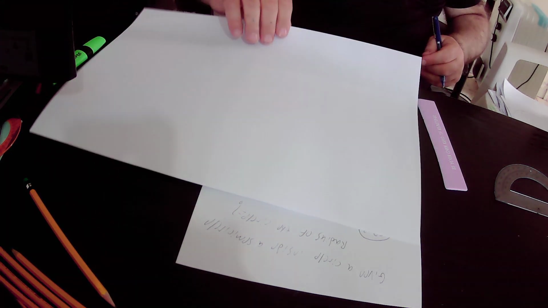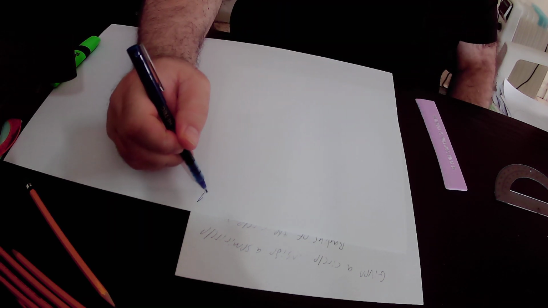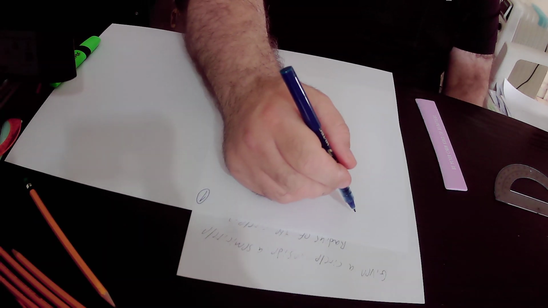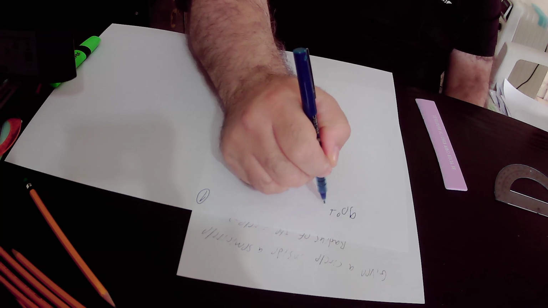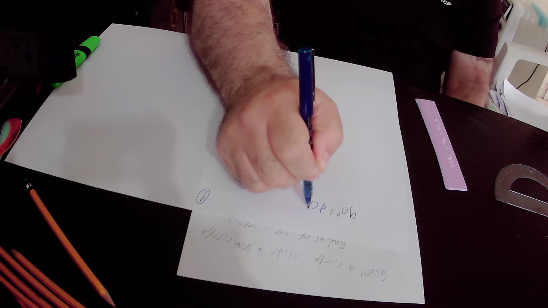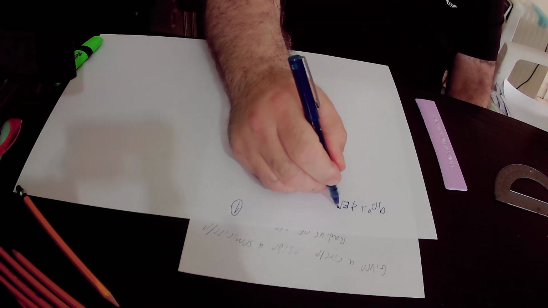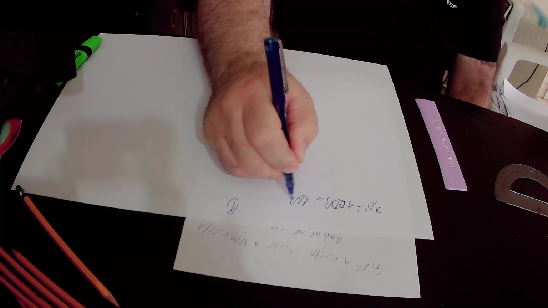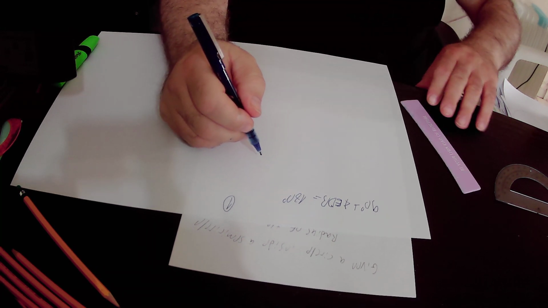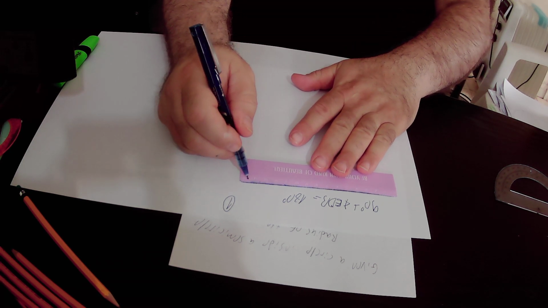So I write it down here: 90 degrees plus the size of angle EDB equals 180 degrees, according to the rule that the sum of the angles on one side of a straight line is equal to 180 degrees.